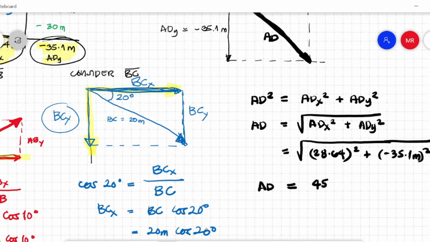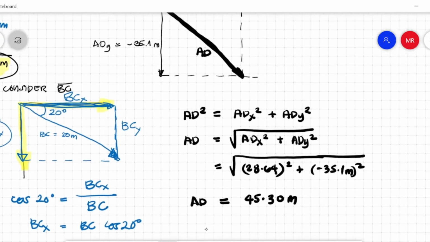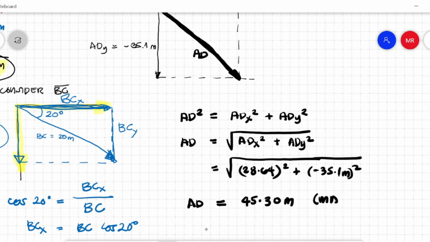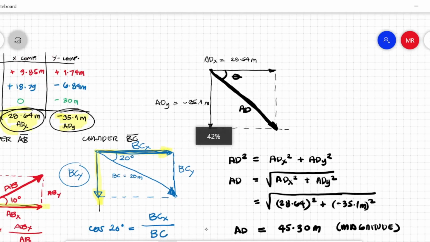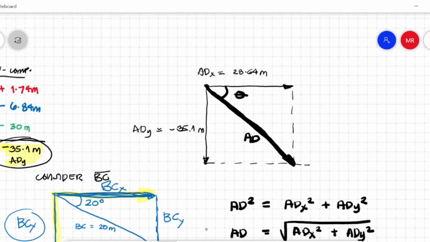This is 45.30 meters. But this is not the final answer because this is just your magnitude. Kailangan pa natin kunin yung direction. Let's say, kunin natin itong angle relative to the horizontal axis. Let's say that angle is angle theta. This is the opposite side, this is the adjacent side, where the opposite side is equal to your ADY.